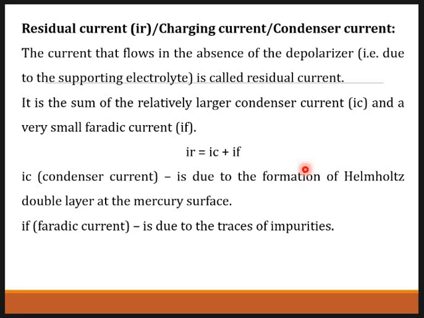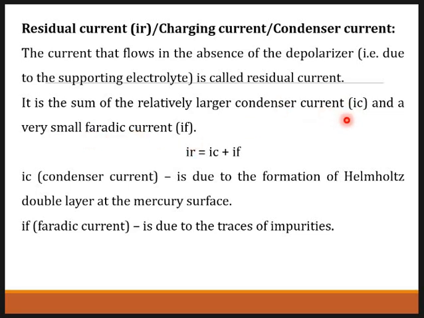The first one is the residual current. It is otherwise called the charging current or condenser current. The current that flows in the absence of the depolarizer, due to the supporting electrolyte, is called the residual current. This residual current is the sum of a relatively larger condenser current and a very small Faraday current.